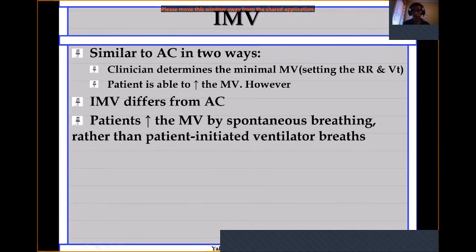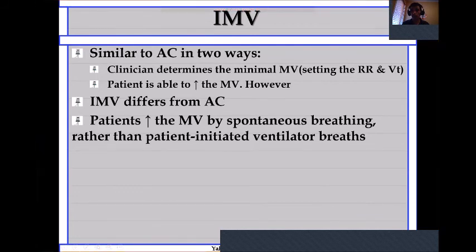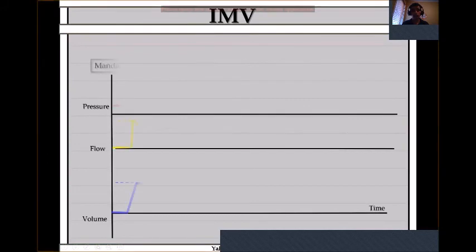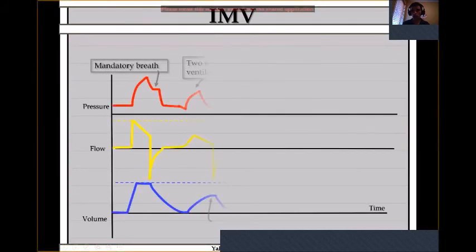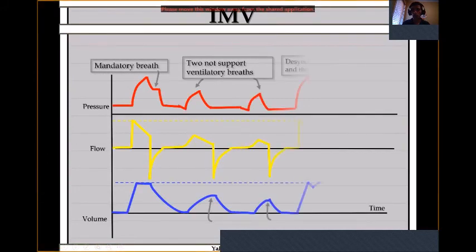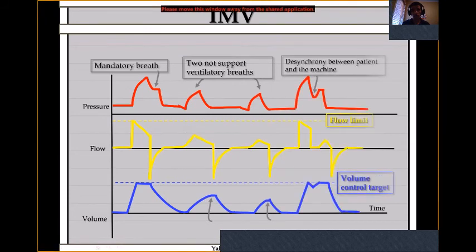So the patient can increase the minute ventilation by spontaneous breathing, but it will never be assisted. And these are the graphs of the IMV. You can see mandatory, you can see spontaneous, you can see mandatory and spontaneous not synchronized. You can see that it is pressure controlled, but at the same time, it's volume control. We'll talk about it.